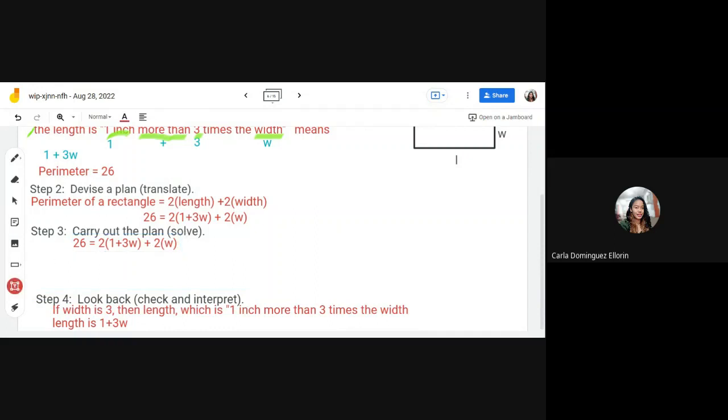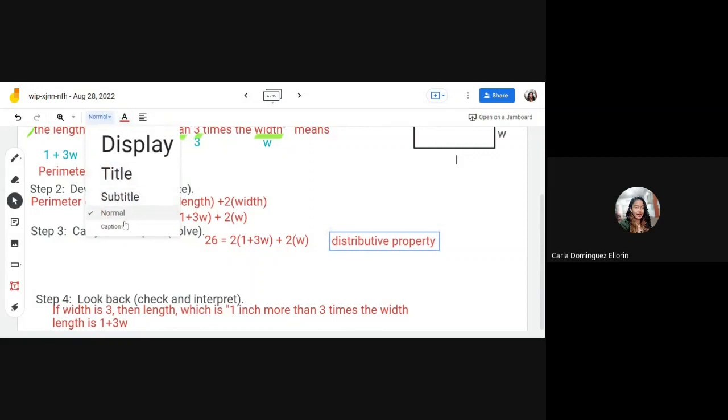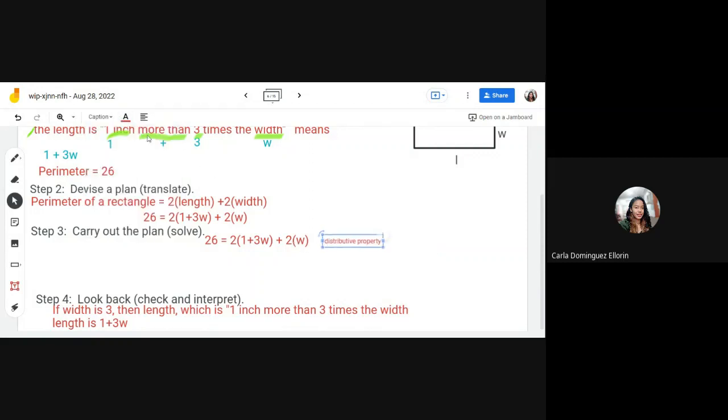Okay, so what will be the next one? Since we have parentheses, we use the distributive property.